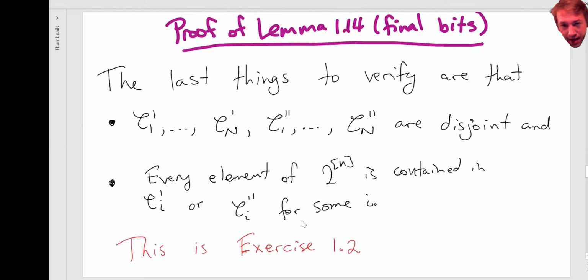But the last thing to verify is that it is one. So you want to show that these chains are disjoint, there's no common elements, and that they cover the entirety of the power set. And of course that they're symmetric chains, but that's not too difficult. Okay, like I said, that's on the assignment.